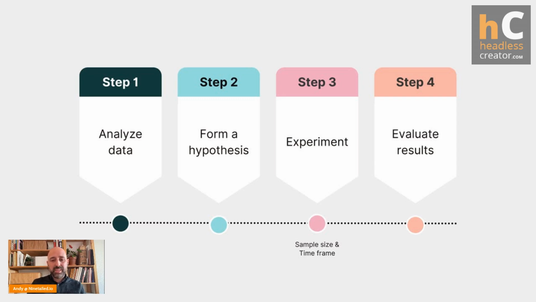You just have to Google sample size A/B testing calculator, and what these calculators do is they calculate, based on your conversion rate uplift versus the initial conversion rate, what is the sample size needed to really detect statistically significant results.